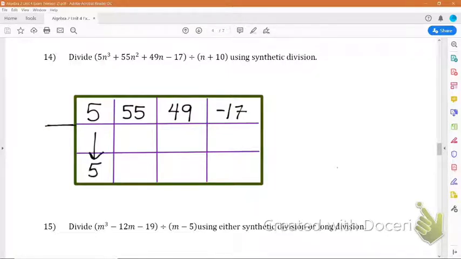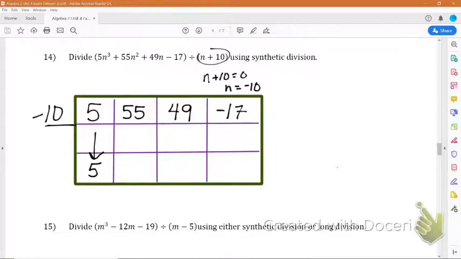How do I get my magic number that I multiply by? Do the opposite. Technically you set n plus 10 equal to 0 and solve for n. It is just negative 10. So negative 10 is my magic number. My process for this is to multiply, add, all the way across.